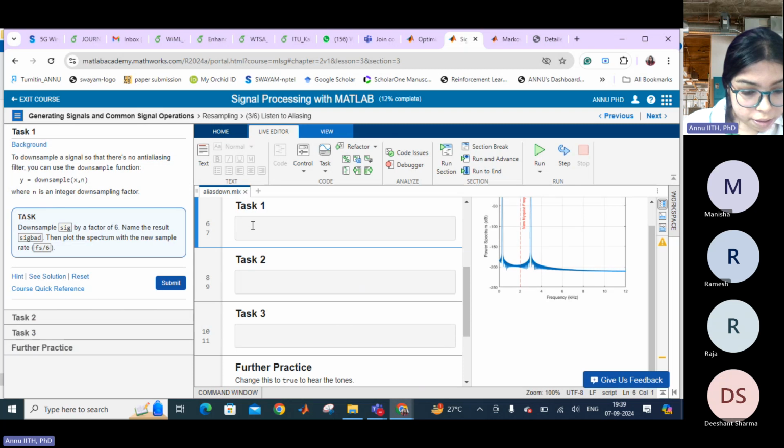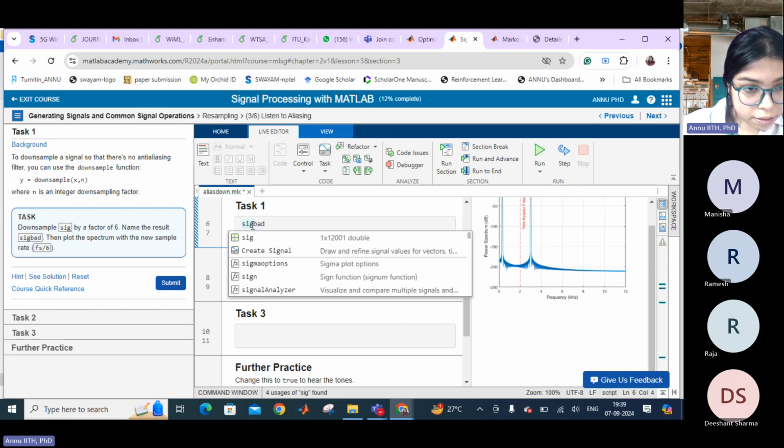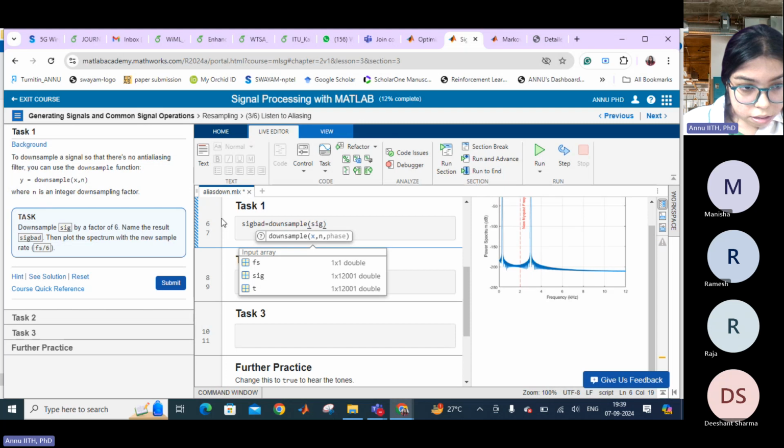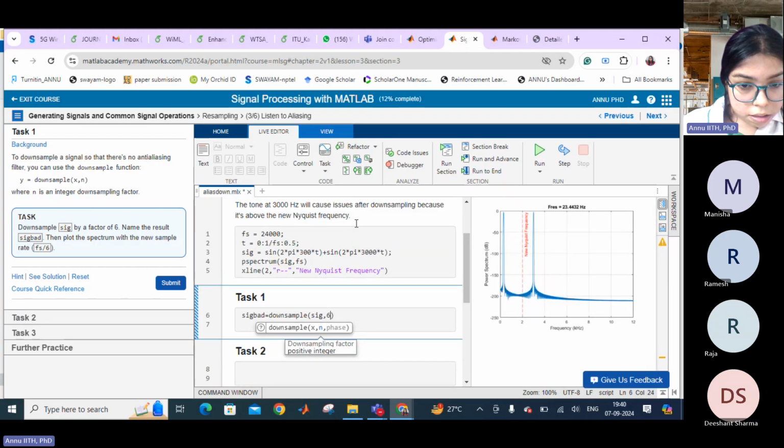Name the result sig_bad is equal to downsample of sig. The signal name is sig only.